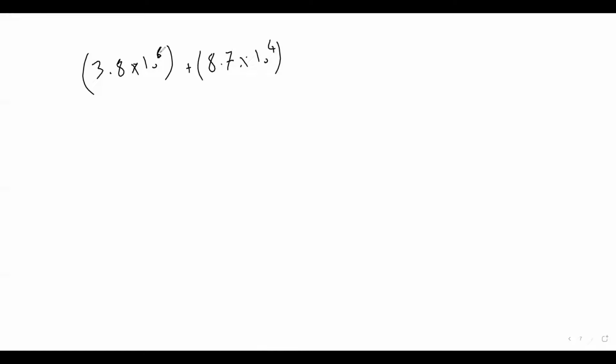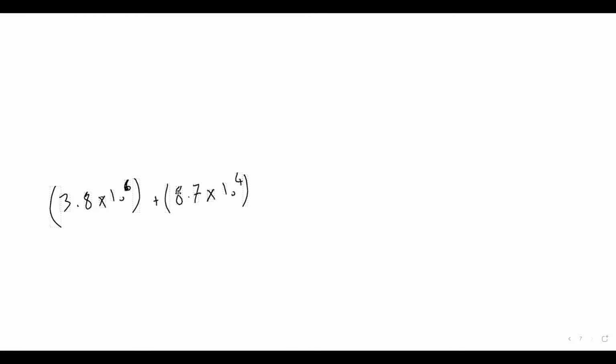So the thing here is the powers are not the same. However, if you make the powers the same, then you can simply add the numerical values together. Maybe it's better I give you an example of that first, where you don't need to worry about the powers.